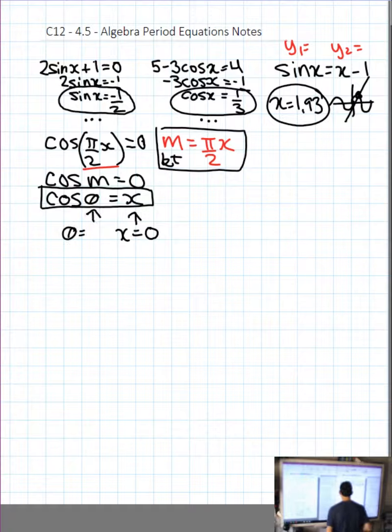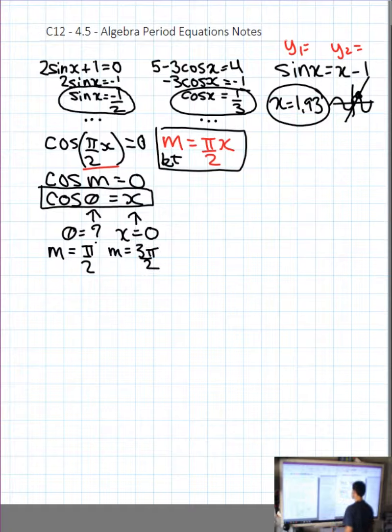Where on the unit circle do we have an x value of 0? Because we're working with m, the angle where x is 0 is up and down, which means m is equal to pi over 2 and 3 pi over 2.